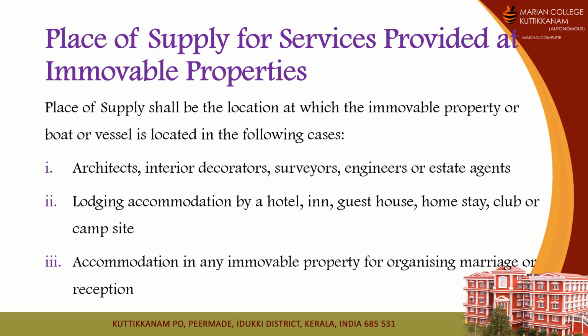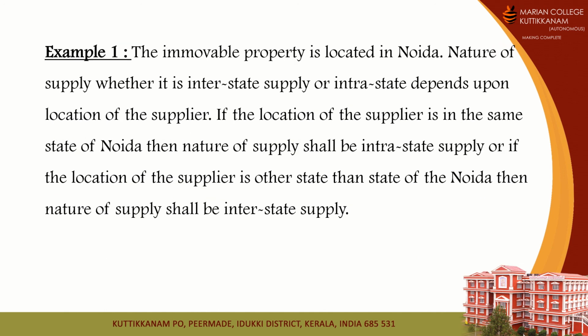Now let's see an example. The first example: the immovable property is located in Noida. The nature of supply, whether interstate or intrastate, depends upon the location of the supplier.